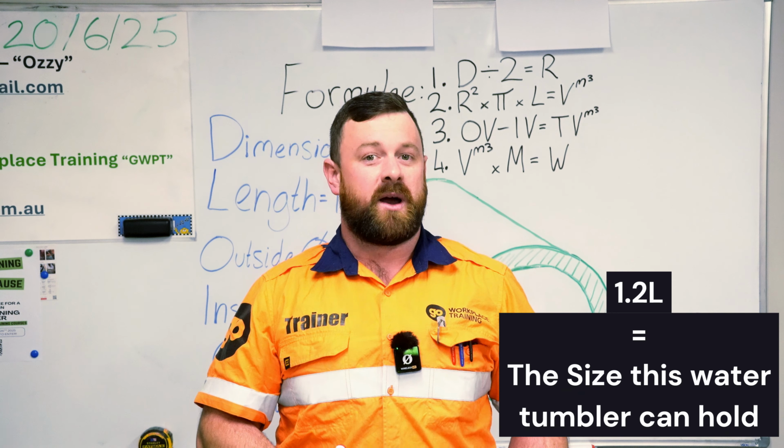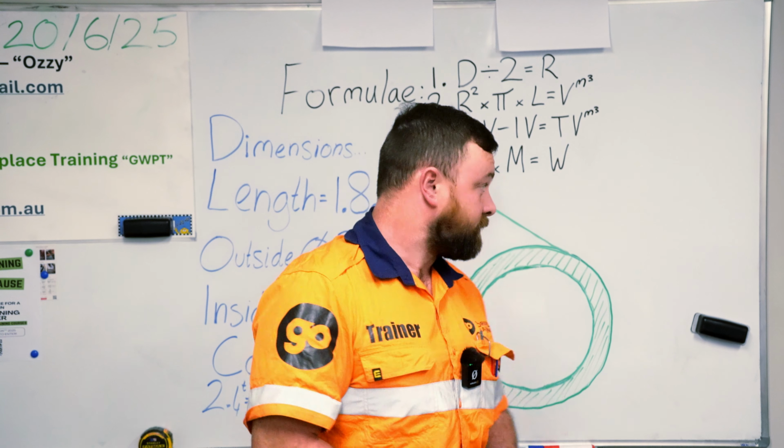Whereas water is 1,000 litres to a cubic metre, therefore 1,000 litres equals 1,000 kilos, or 1 tonne. Remember that 1,000 kilos equals 1 tonne. So you could say that concrete weighs 2.4 tonnes, steel weighs 7.85 tonnes per cubic metre.